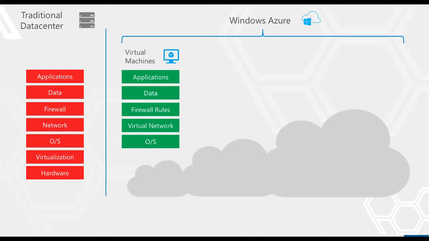So you still have full control over the operating system, the virtual networking aspect, the firewall, the data, and the applications, but you're no longer constrained by managing the underlying physical servers, racks, the switches, cabling, power supply, cooling, everything that goes along with managing your own data center. The virtualization layer is also built into the Windows Azure platform. There are APIs for creating, destroying, copying virtual machines, virtual disks, etc.